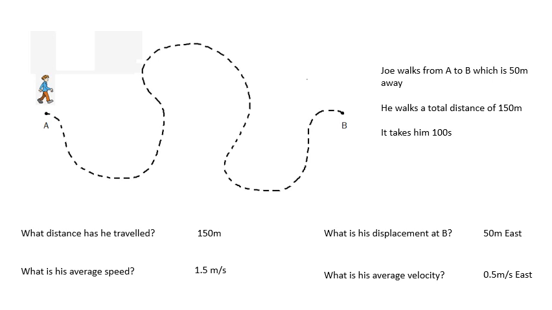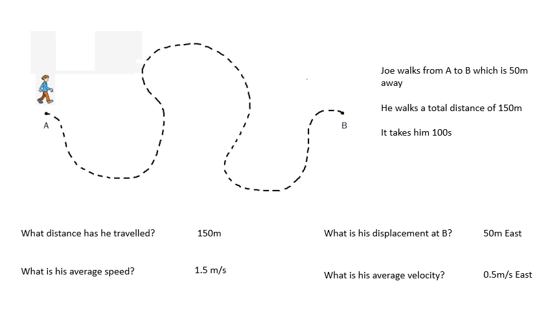His average speed is his distance traveled divided by time. So 150 divided by 100 is 1.5 meters per second. And again, speed is a scalar. It doesn't matter what direction he's walking in. His average speed is 1.5 meters per second. His average velocity is displacement over time.